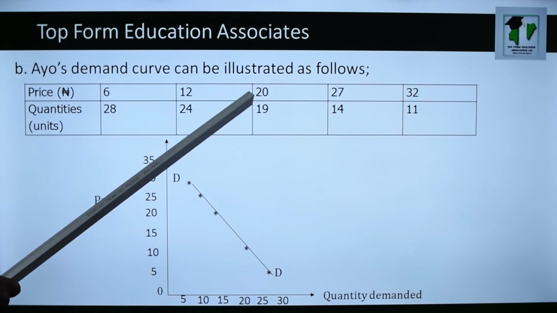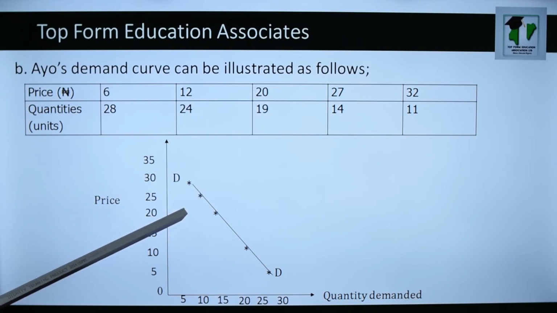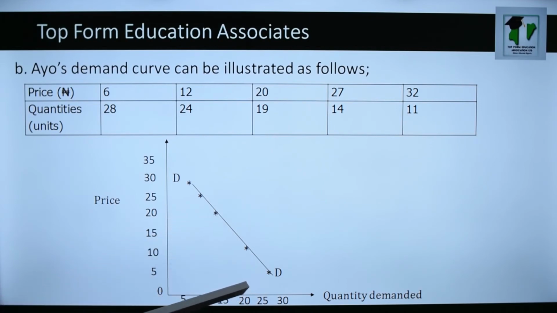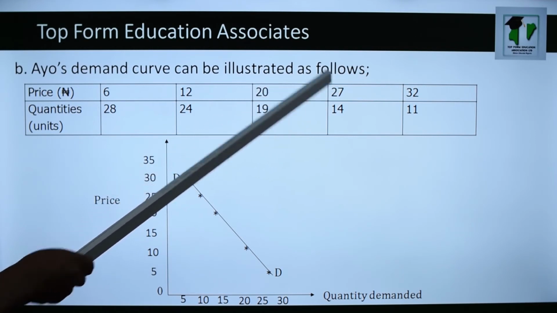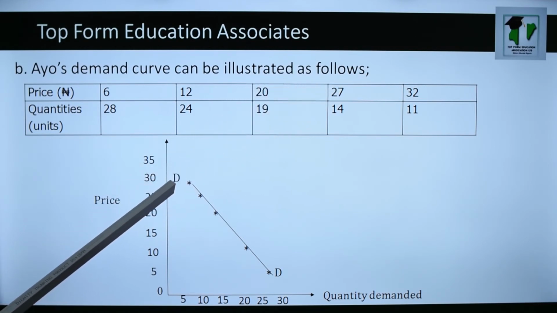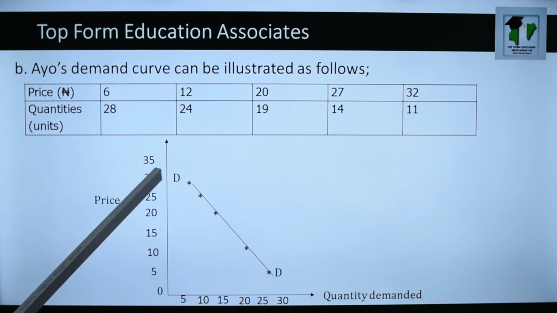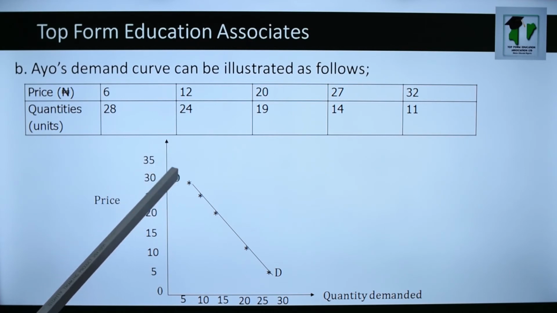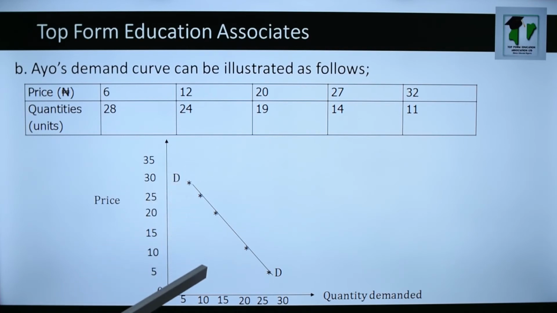When the price increased to 20, quantity demanded is 19. You take it across, 19 is about here. When the price increased further to 27, 27 about here, quantity demanded decreased to 14. When the price increased to 32, quantity demanded decreased further to 11.